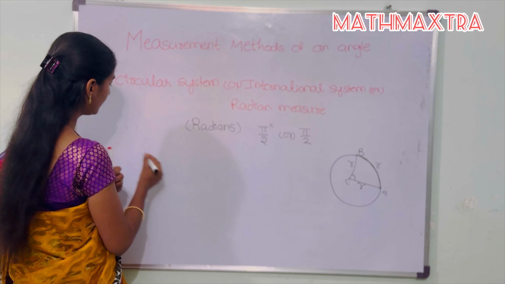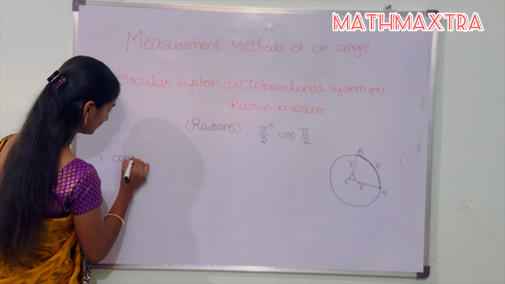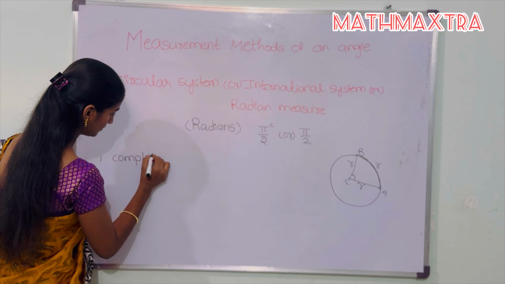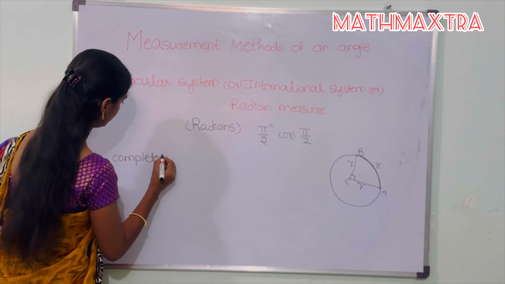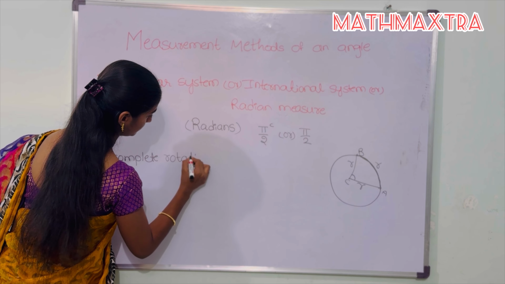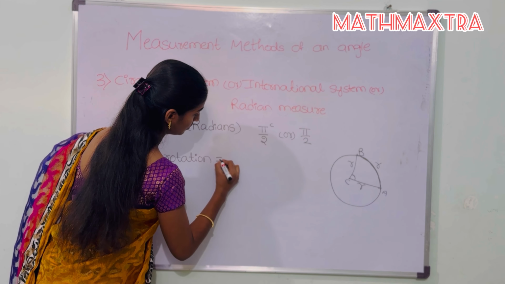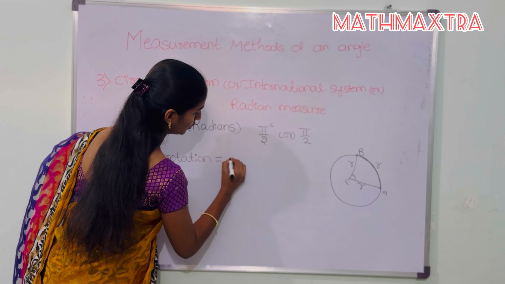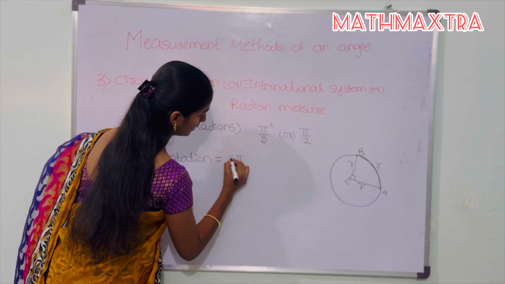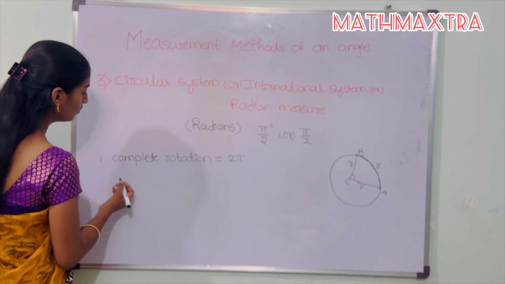Here one complete rotation is equal to 2 pi radians.